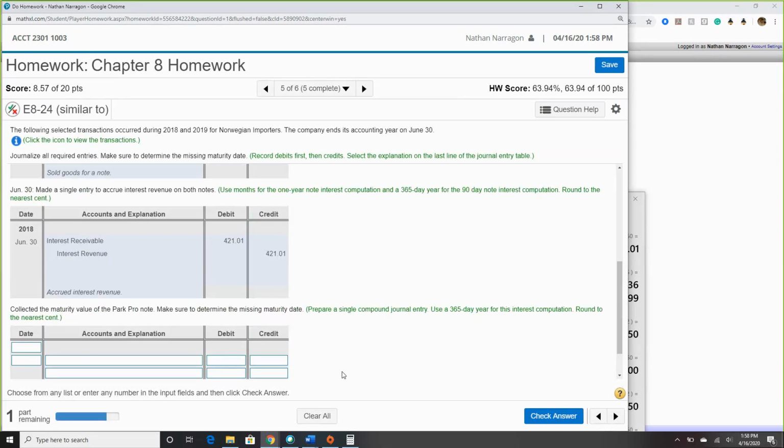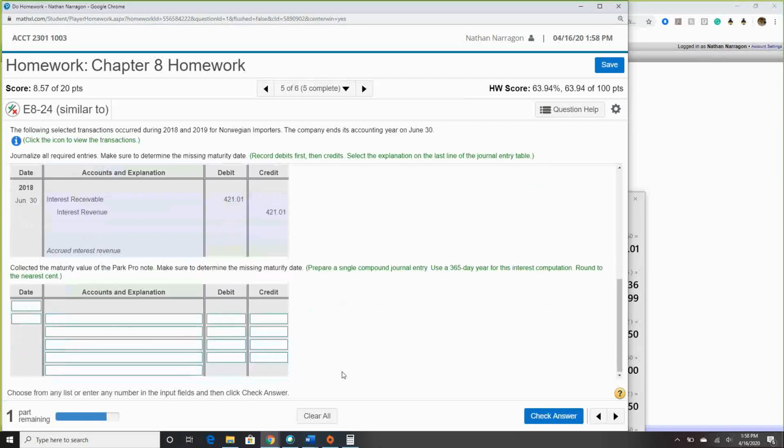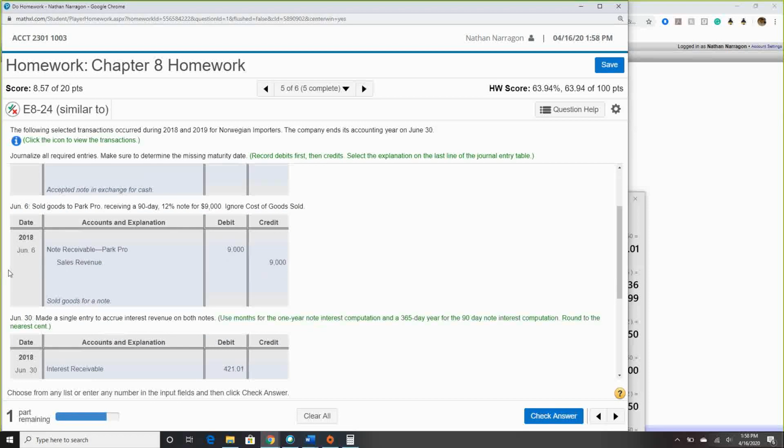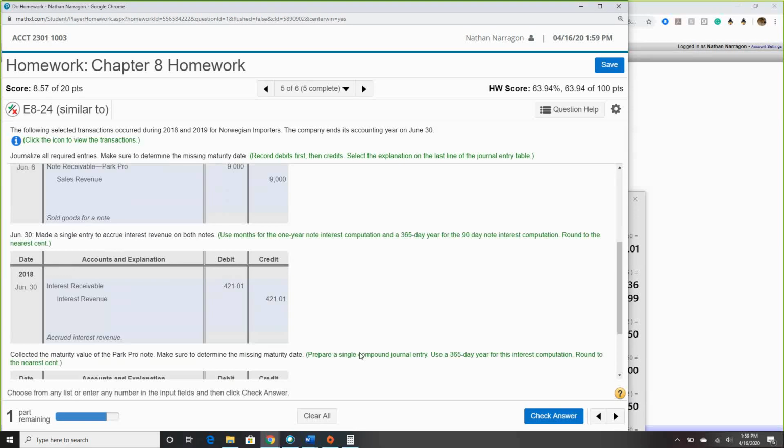Now we're going to do the maturity for each one. This is fine and dandy with the Park Pro note. Since it was 90 days starting on June 6th, it's going to finish within this year.